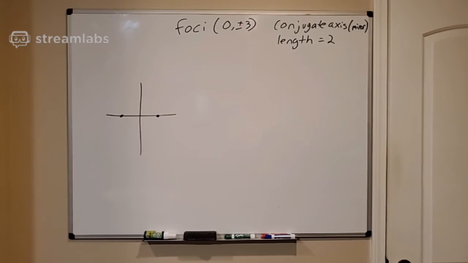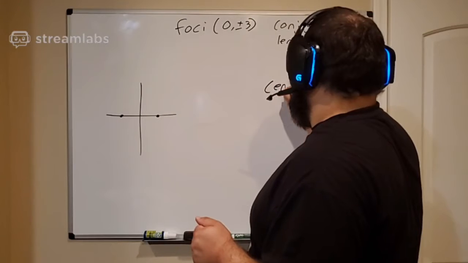At least I call it the center anyway. Let's see if the book does real quick. I'm pretty sure they still call it the center. Yeah, they still call it the center too. So that gives us our center. So what is our center value? 0, 0. So very easily we have a center at 0, 0.